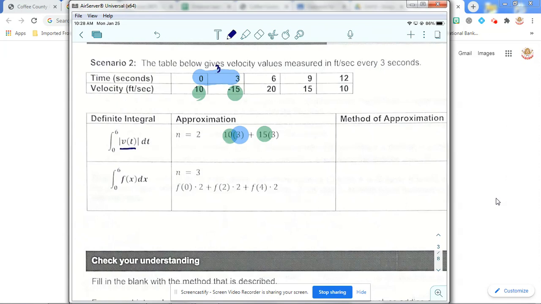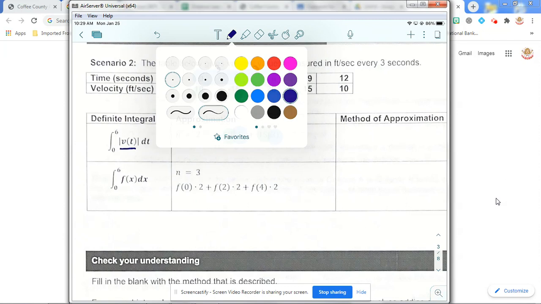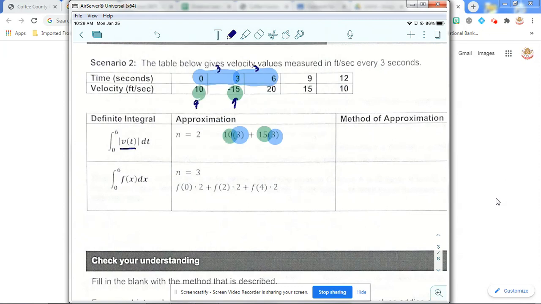All right, and then the 3 should come from the width between 3 and 6, because we are going to 6 on this one, which is 3. Okay, so then we need to look and see, do we use the left or do we use the right part of the absolute value of the velocity? And so on both of these, that is the left.